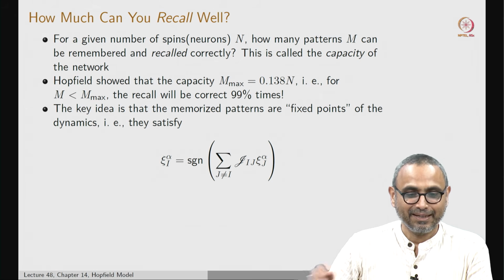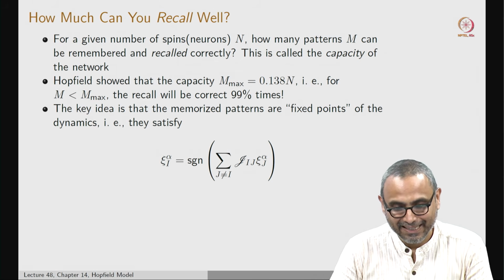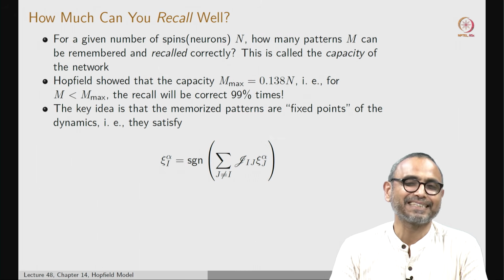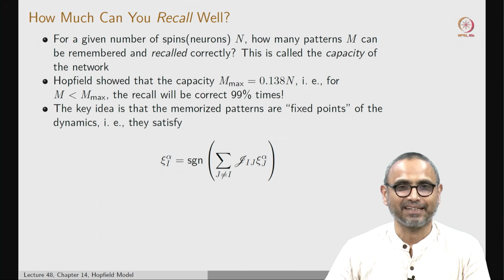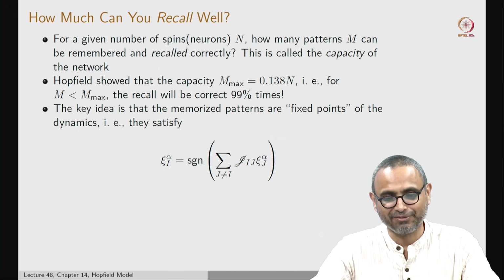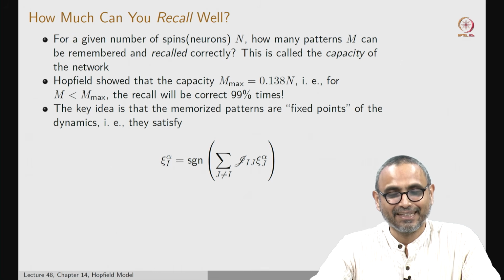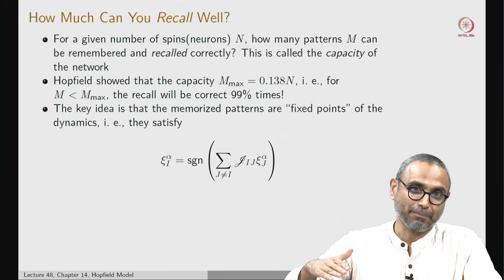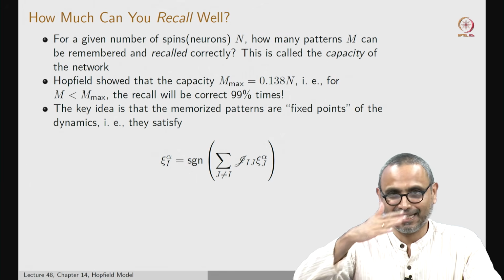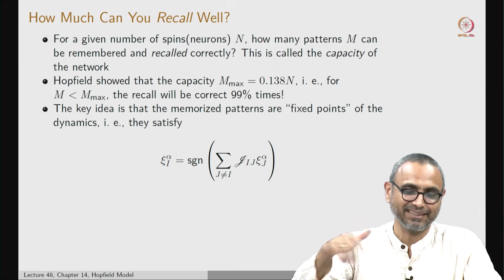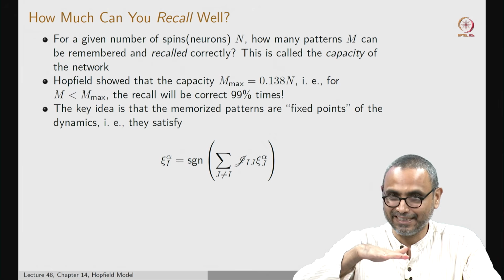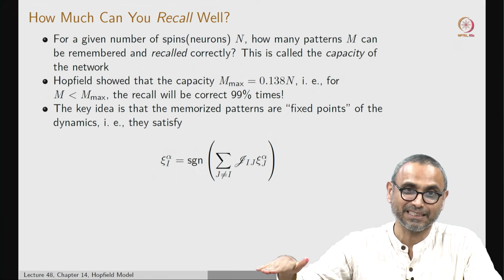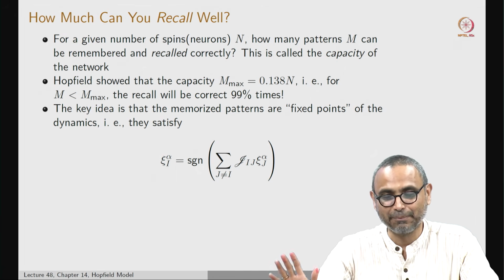Okay. Now, why is there a capacity, and why can you only store a finite number of patterns and recall them well? The important thing to understand is, as we saw, after some number of steps there is an exponential decrease of energy as a function of steps, and then the energy stops decreasing and remains stable.